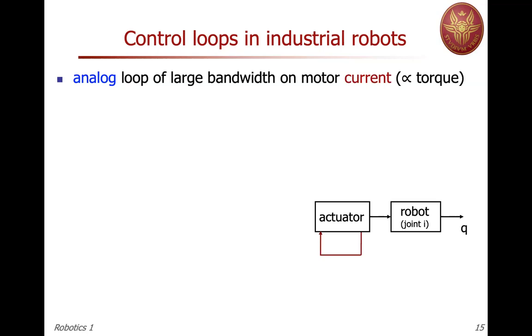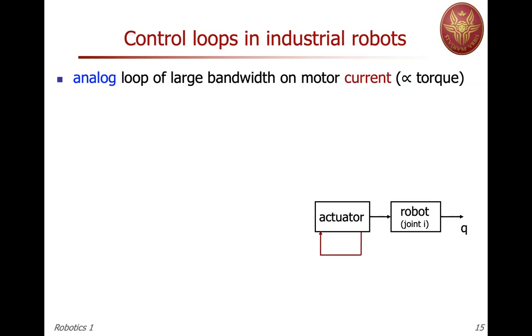Okay, so we look at the joint, we have an actuator. There's a first loop on the actuator side, so it doesn't exit the box through which we model the actuator in this diagram, which is a current loop. So the current is being sensed by an analog device internally to the motor and compared to a reference current, so that the difference between the reference current and the actual current goes to zero.